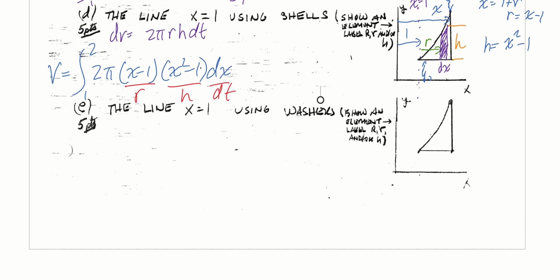Now it says x equals 1 using washers. So same axis of rotation. R is going to be different this time because, again, it's a washer. So it has to be a perpendicular element of area. So that's our element of area. It's going to have a dy.